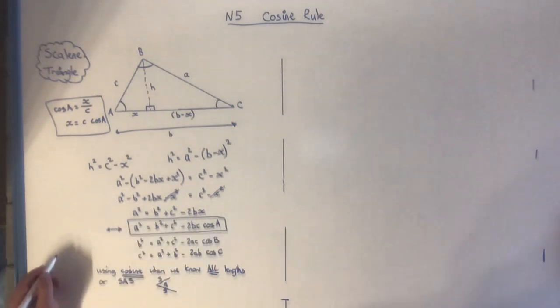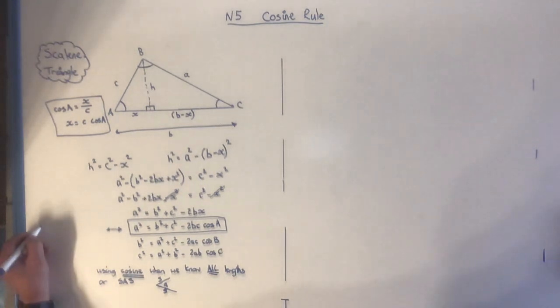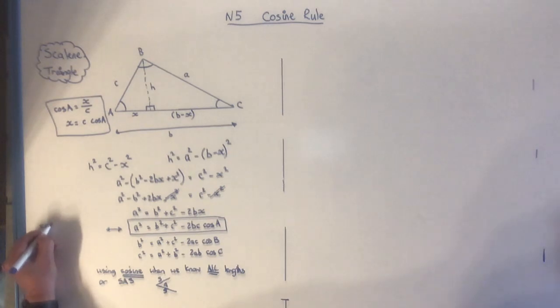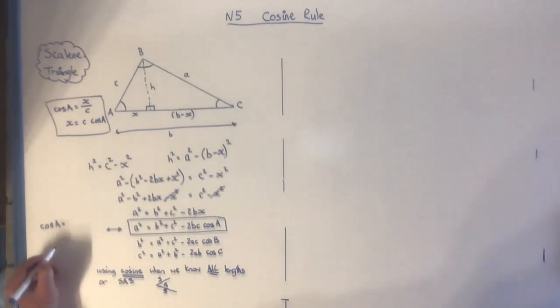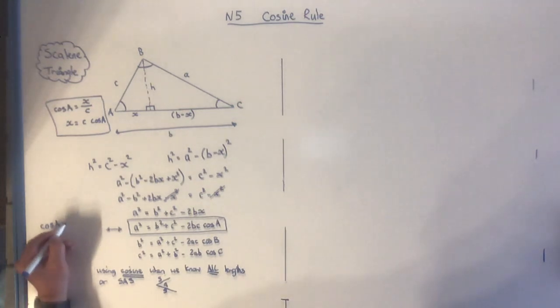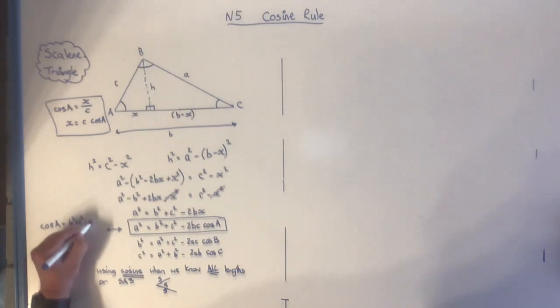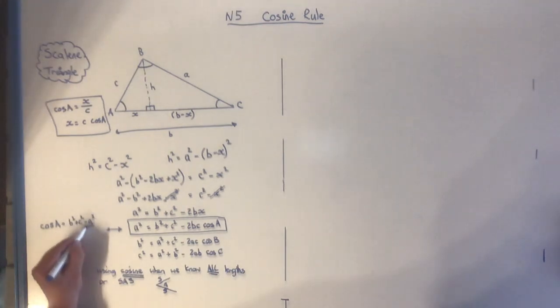I can rearrange that formula into cos A equals B squared plus C squared minus A squared all over 2BC.